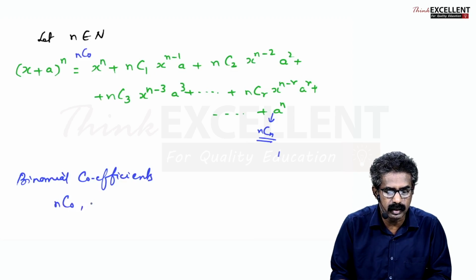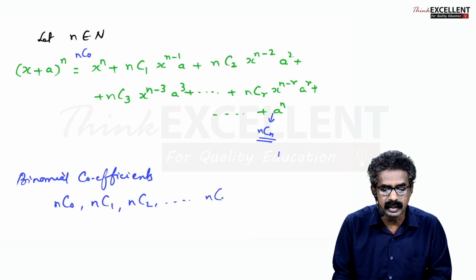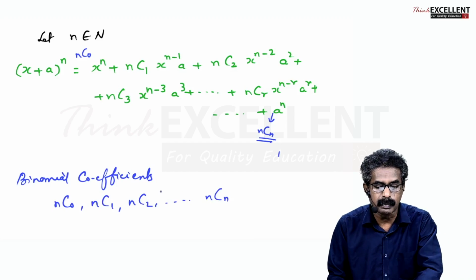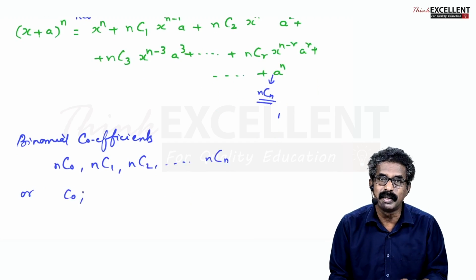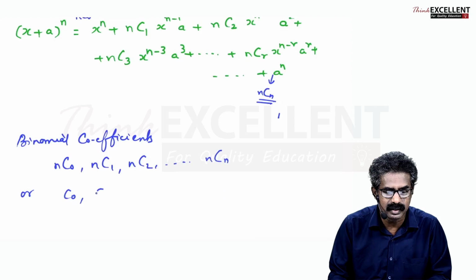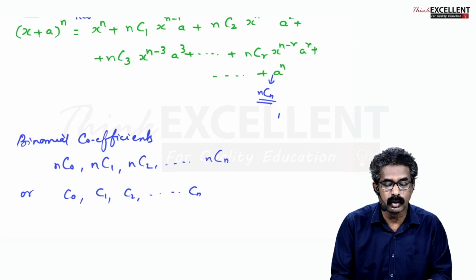This nC0, nC1, nC2, etc., nCn are called binomial coefficients, or in short we can write C0, C1, C2, etc., Cn are called binomial coefficients.